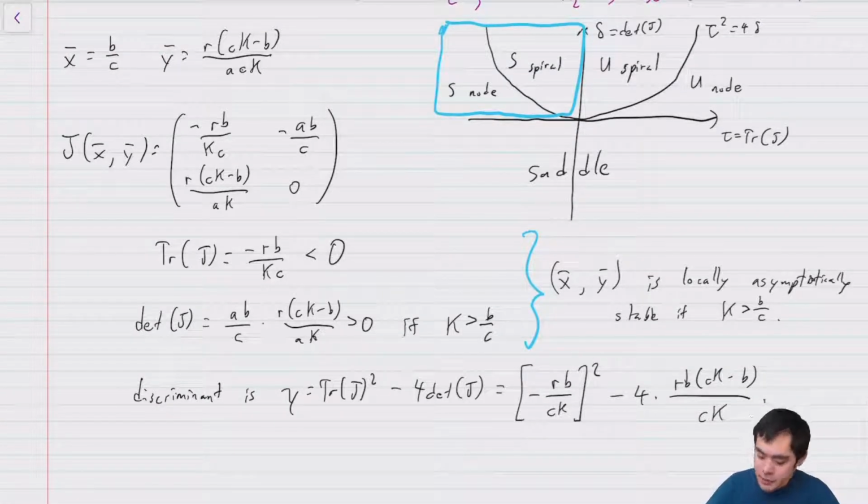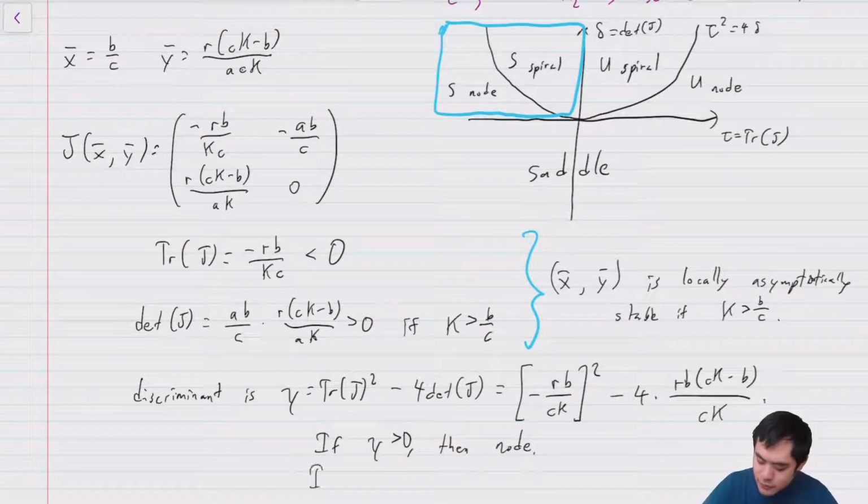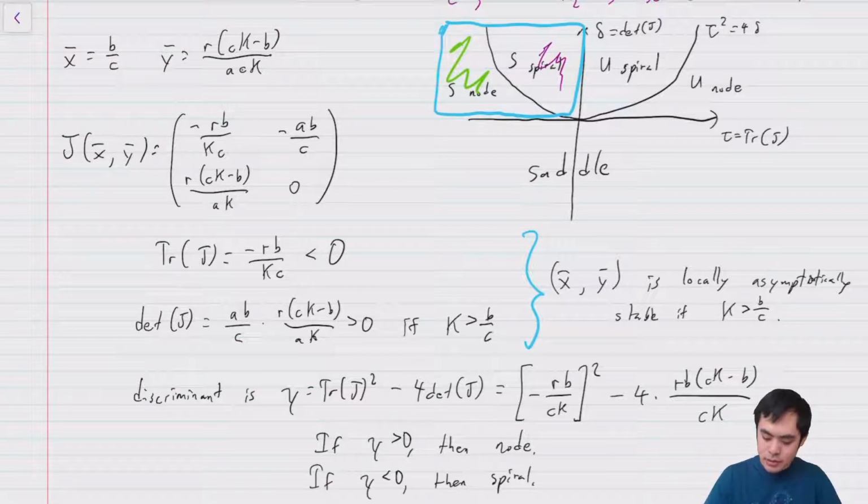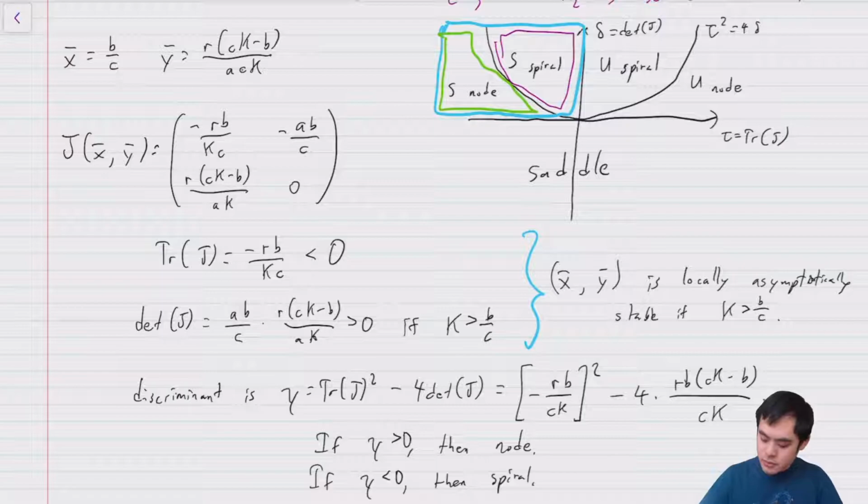I'm not going to actually solve this, but basically if the discriminant gamma is greater than 0, then it's a node. If the discriminant gamma is less than 0, then it's a spiral, because that determines entirely whether it's on this side or on this side. So then it's a spiral or it's a node.